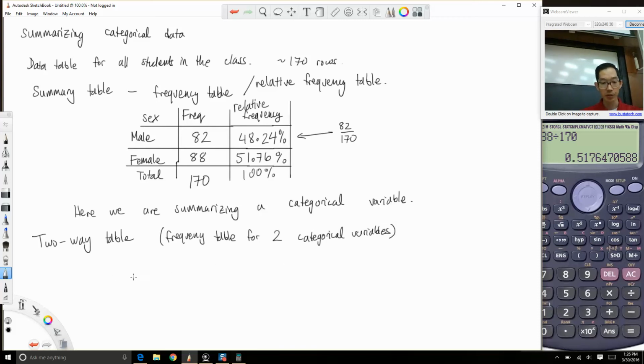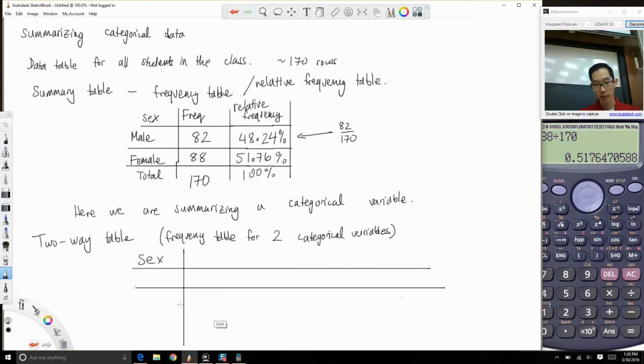In this case, we will have male and female for sex, and then we'll have, say, left hand dominant versus right hand dominant, just to make it easier for me.